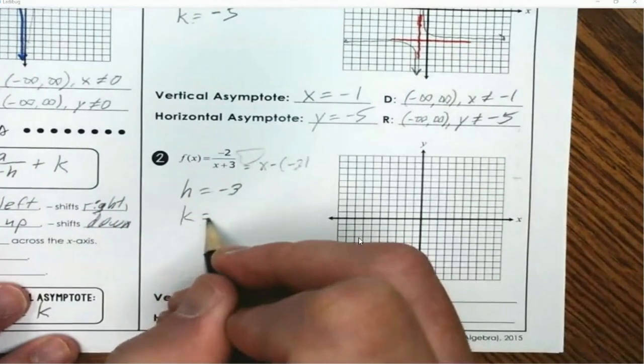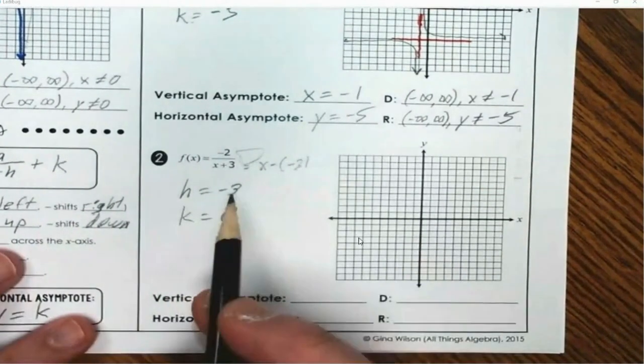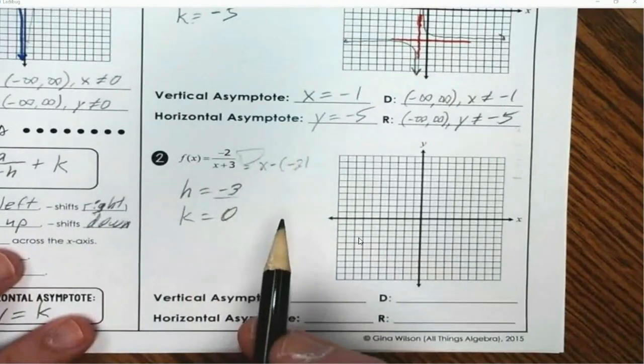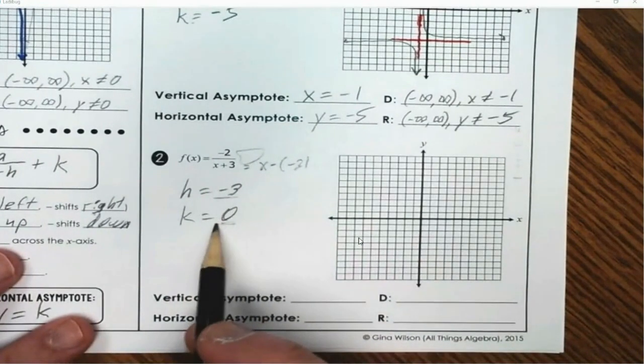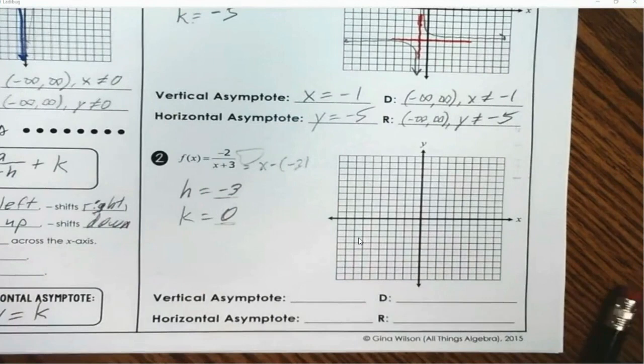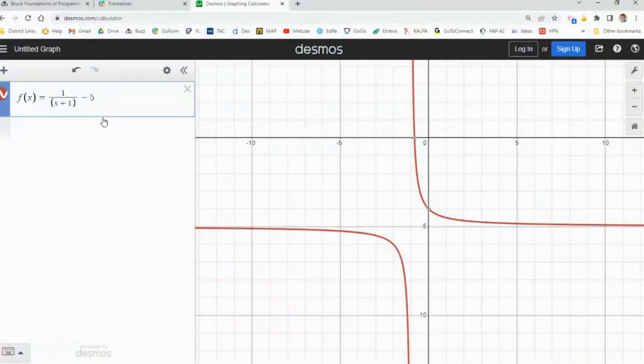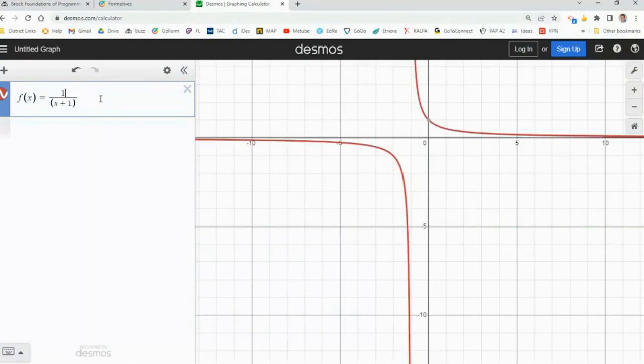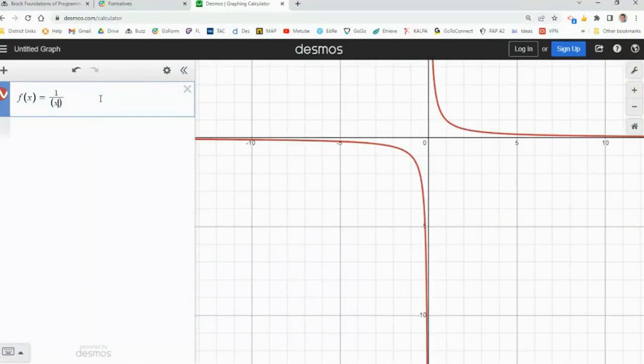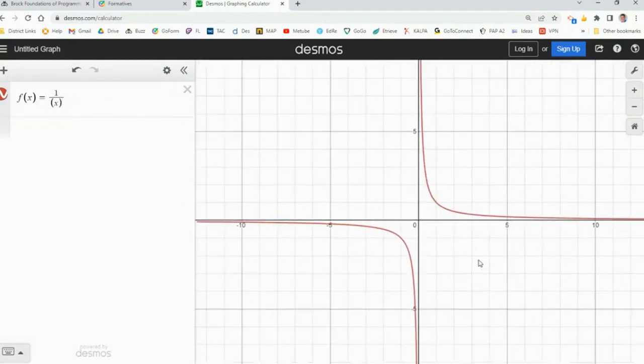Our k is just equal to 0. So we expect to see an asymptote up and down at -3 and still at 0. But let's grab this and see what happens. Let's take this off first. I want to go back to just 1 over x. That's the original one that we looked at first. Let's put that negative on there.